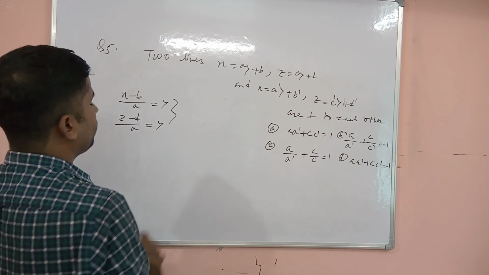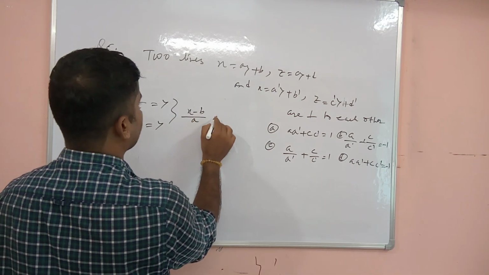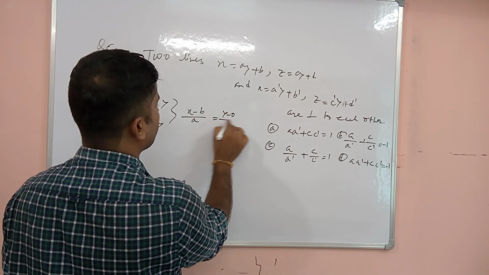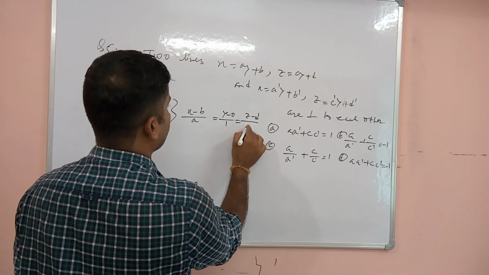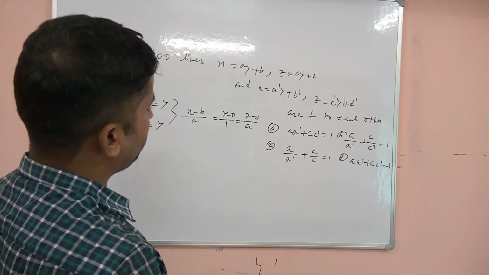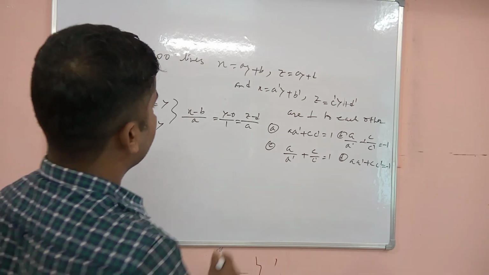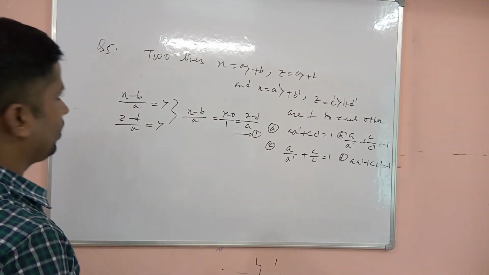Combining them, we shall get x minus b by a is equal to y minus 0 by 1 is equal to z minus d by c. Okay, it is equation number 1.